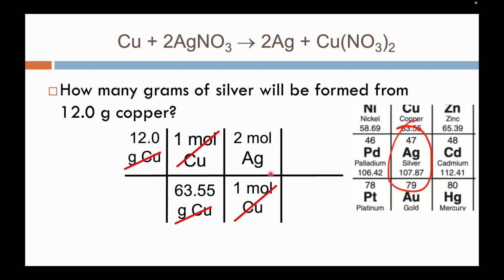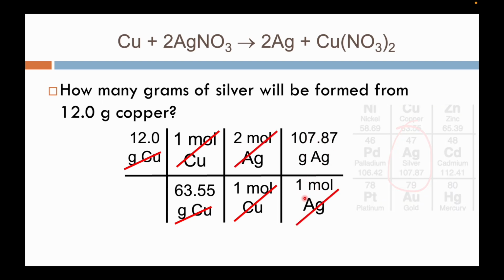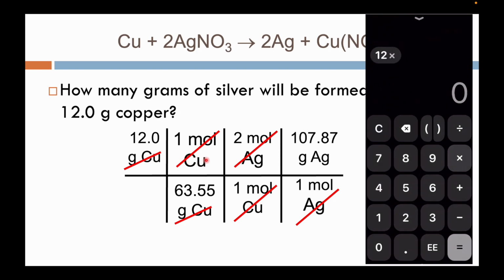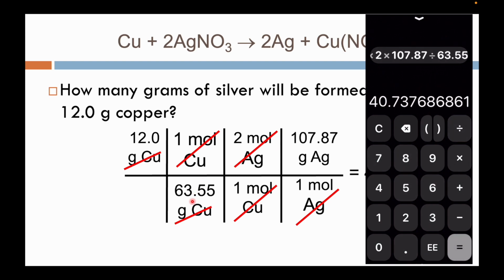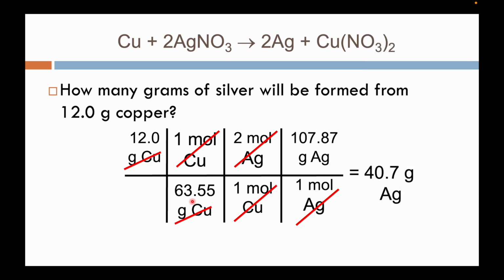Back to the periodic table to find out how many grams of silver per mole. My units are in grams of silver. 12 times 1 times 2 times 107.87 divided by 63.55 will give you 40.7 grams of silver.